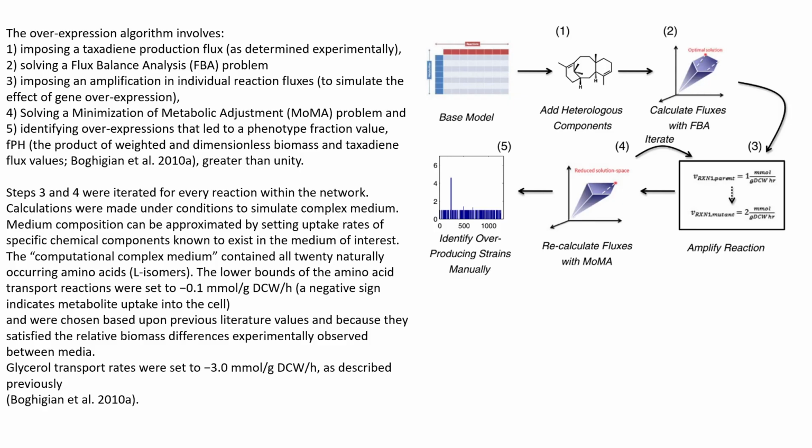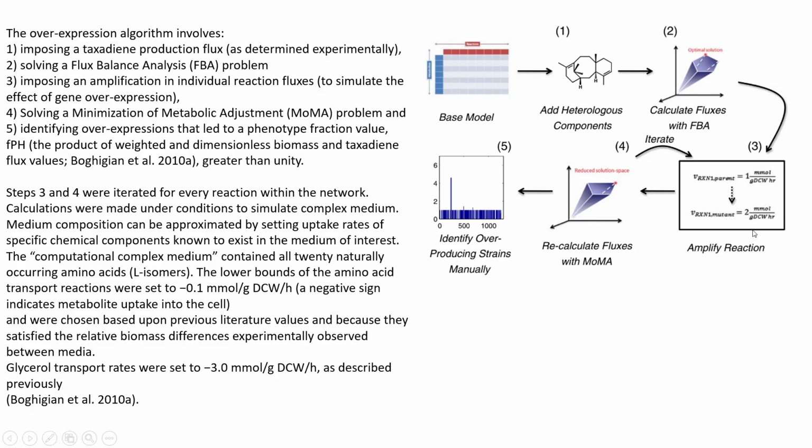You can search for these overexpression candidates. So this is basically the pipeline that is followed for taxonomic production flux. You have a base model, you add those heterologous components, and then you have fluxes with FBA.